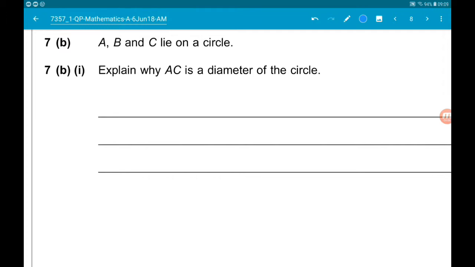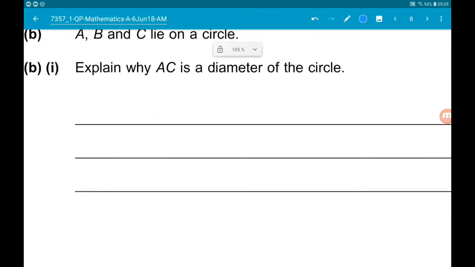Okay, B part 1 is a cheeky little 1 marker. So A, B and C lie on a circle. We want to explain why AC is a diameter of the circle. So this is going back to GCSE, our circle theorems.